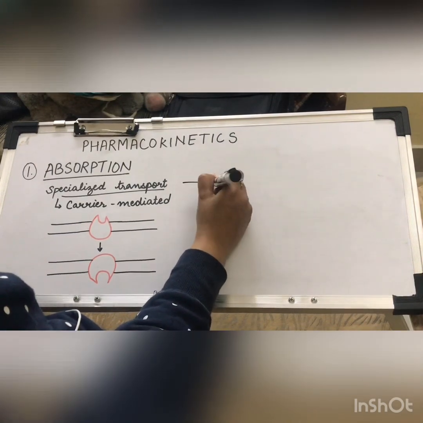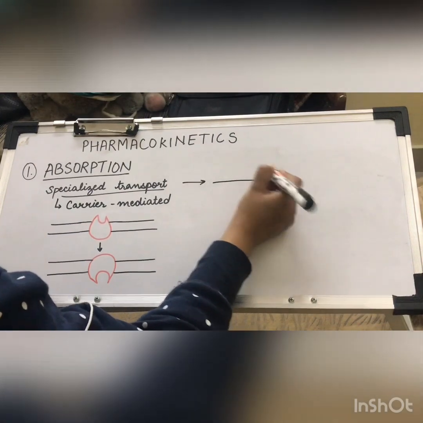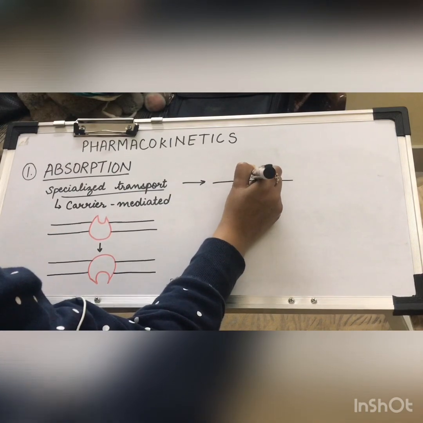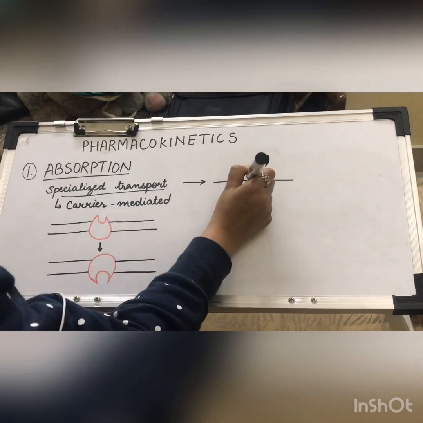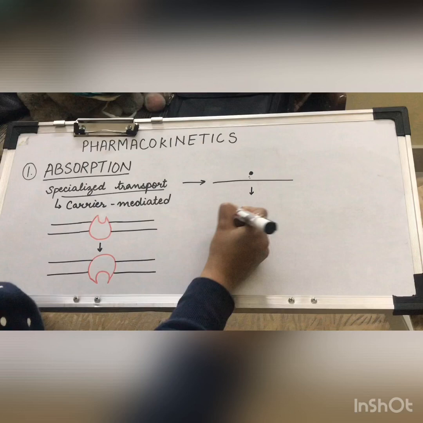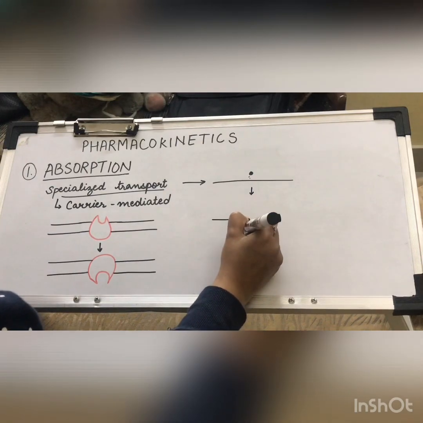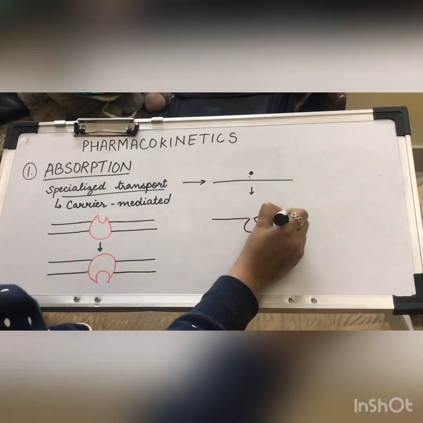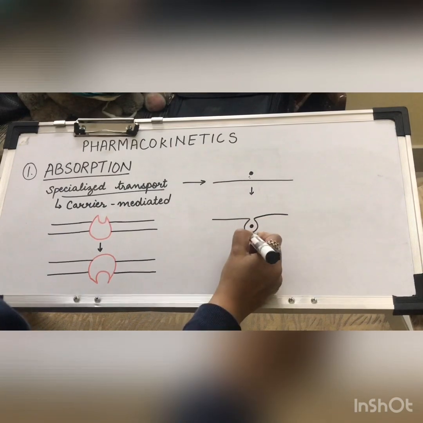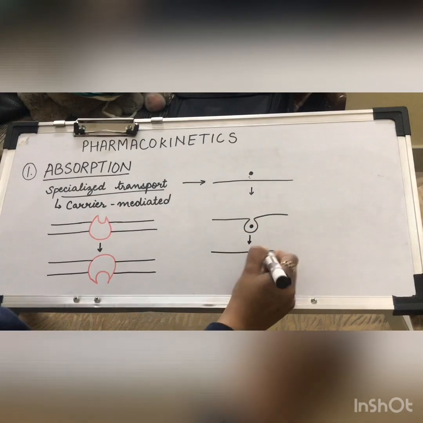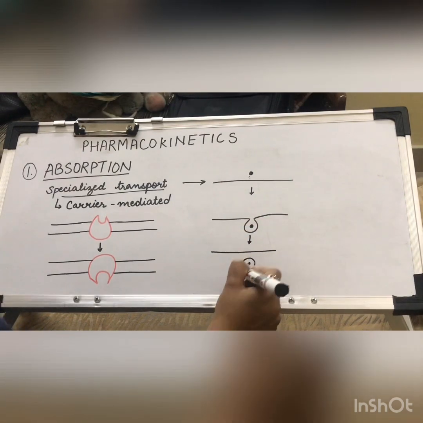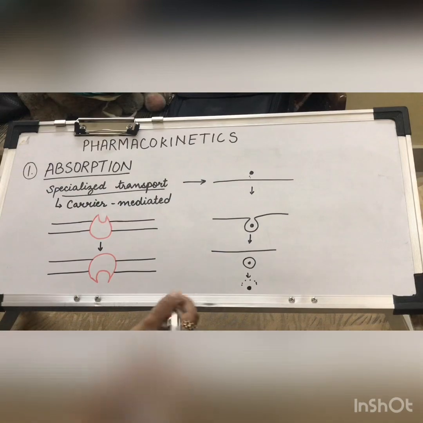What happens in phagocytosis is when a drug molecule comes and attaches to the membrane, and this membrane engulfs this drug molecule, goes inside and leaves this drug molecule inside the cell.